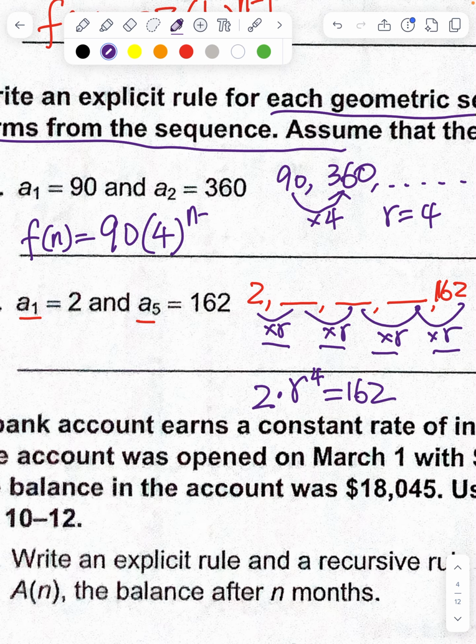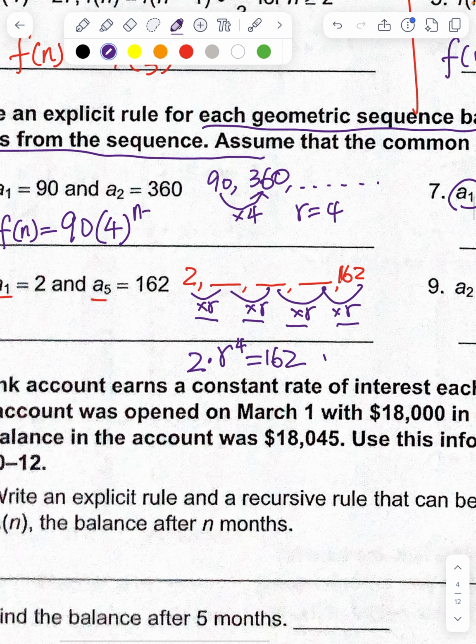I will do this for you guys. So r equals what? Solve for r. I'm going to use 162 divided by 2. It's 81. Divide by 2 on both sides to get rid of the 2, so this becomes 81.